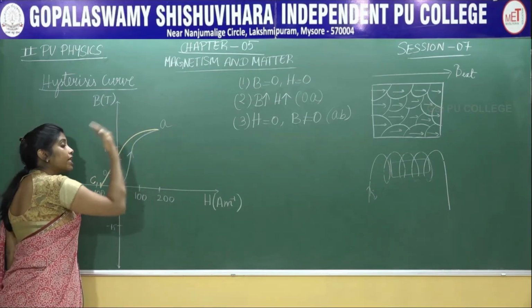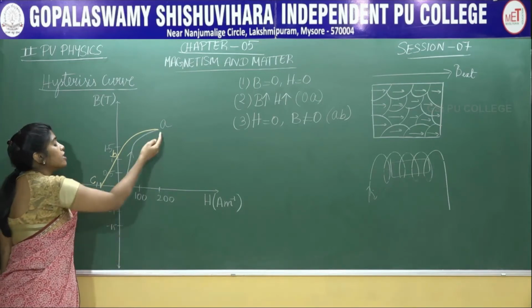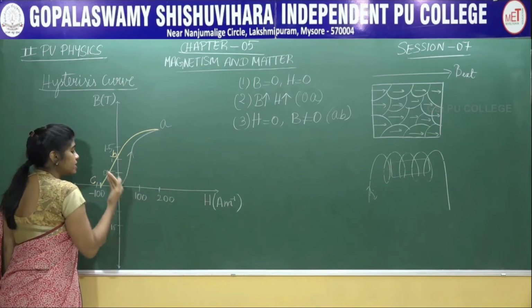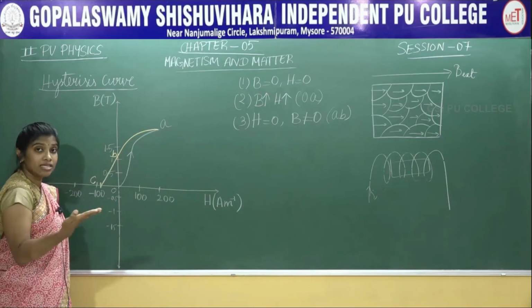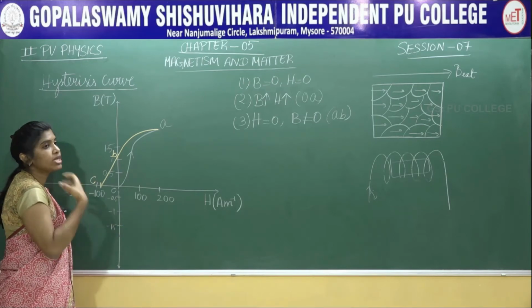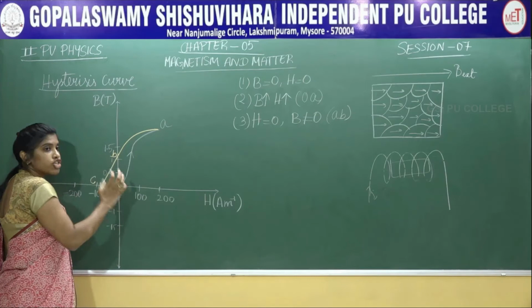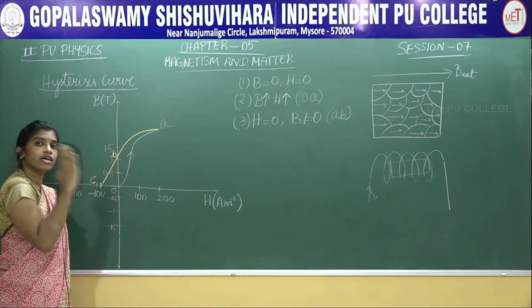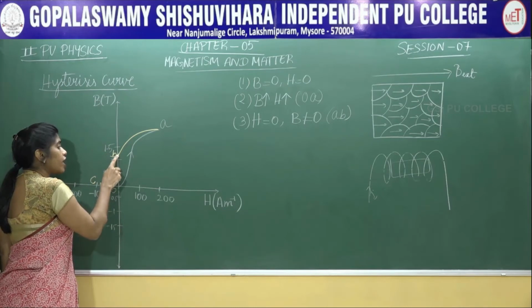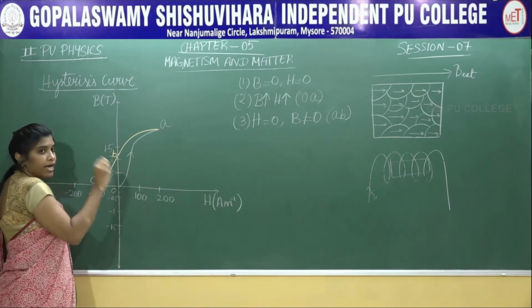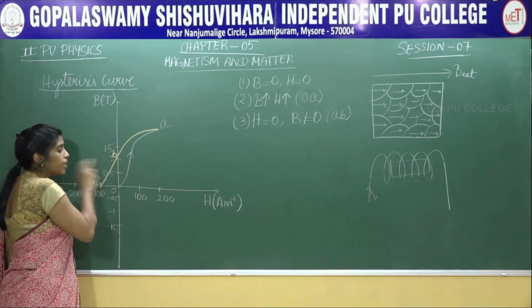Next, you decrease the current, the magnetic field will also decrease, and as the current becomes 0, the magnetic field is not equal to 0. That is, you have completely removed the current from the solenoid, but the magnetization is still retained in the ferromagnetic material. Therefore, the point where you find the magnetization in the ferromagnetic material is nothing but this B.